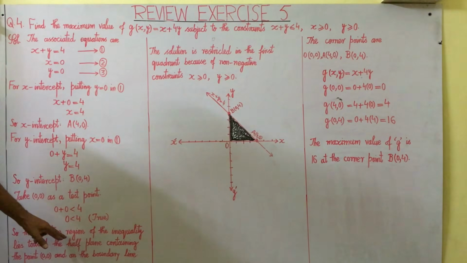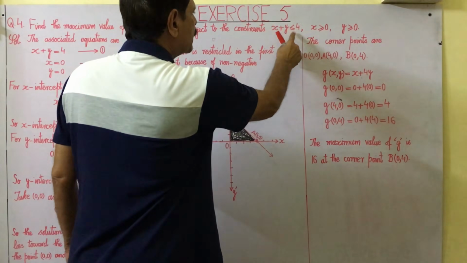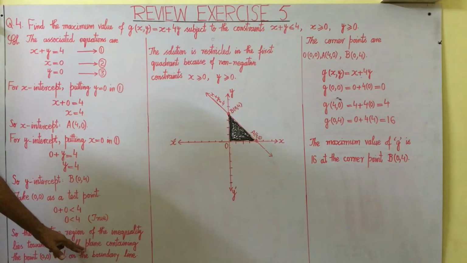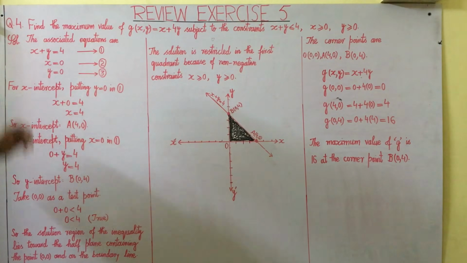So the solution region of the inequality x + y ≤ 4 lies towards the half plane containing the point (0, 0) and on the boundary line x + y = 4.